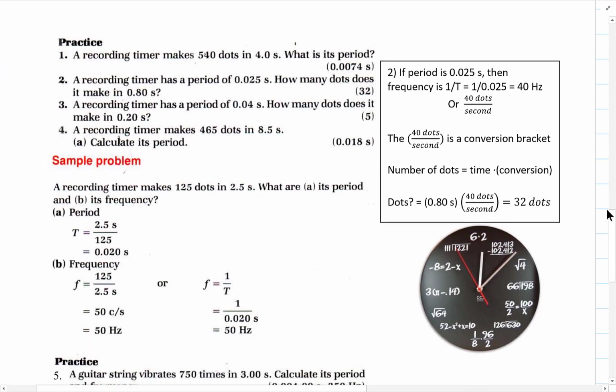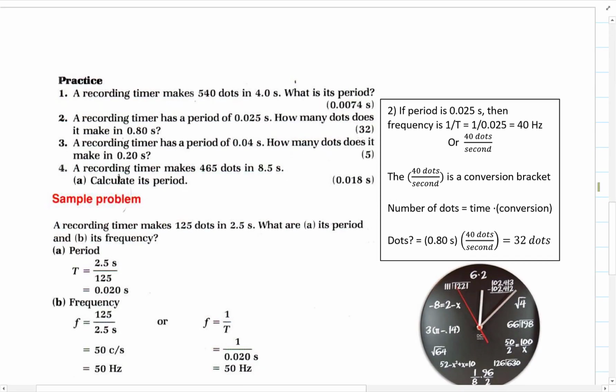Okay, so let's take a look at number 1. A recording timer makes 540 dots in 4 seconds. What is its period? The period is the time per cycle, and the time here is 4 seconds, and it will make 540 dots. The cycle is making a dot.